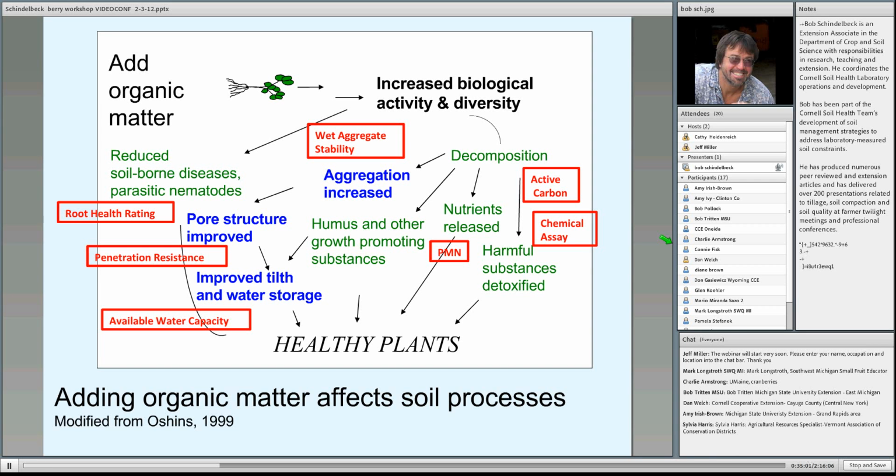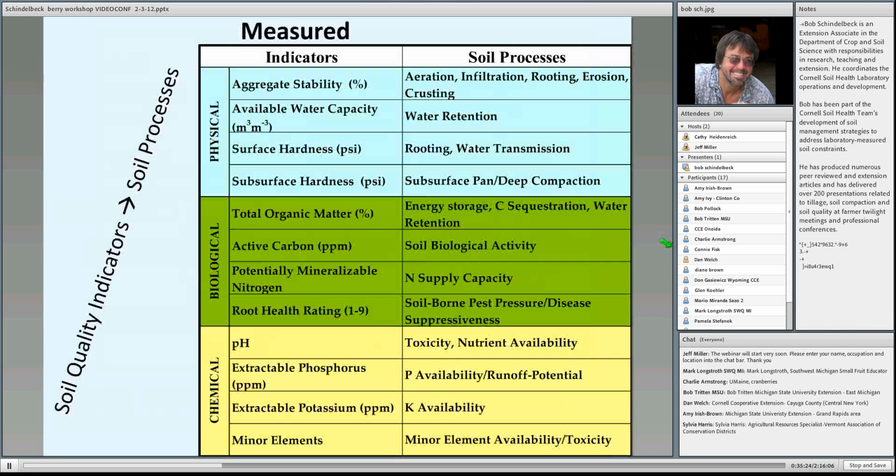So we have to use the same sort of thinking and logic on how these processes are affected through their interaction with the different qualities. Now, how could we use that to our advantage and to what we want out of the soil that we're working with?